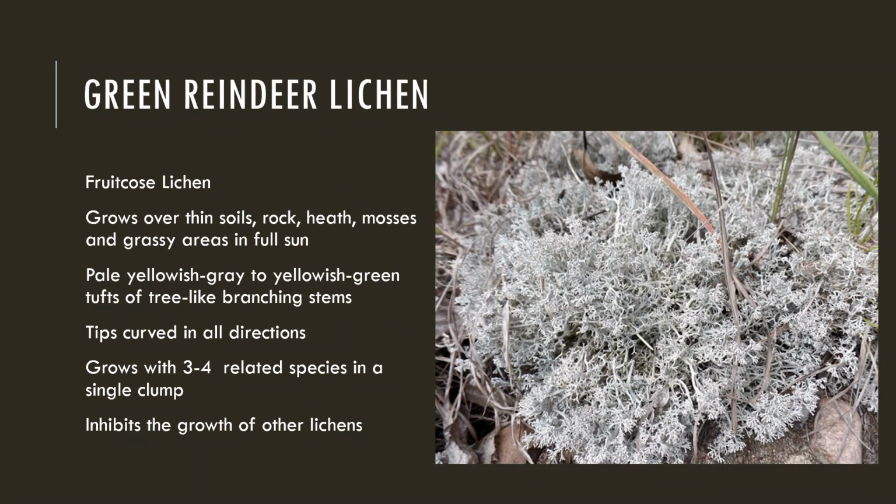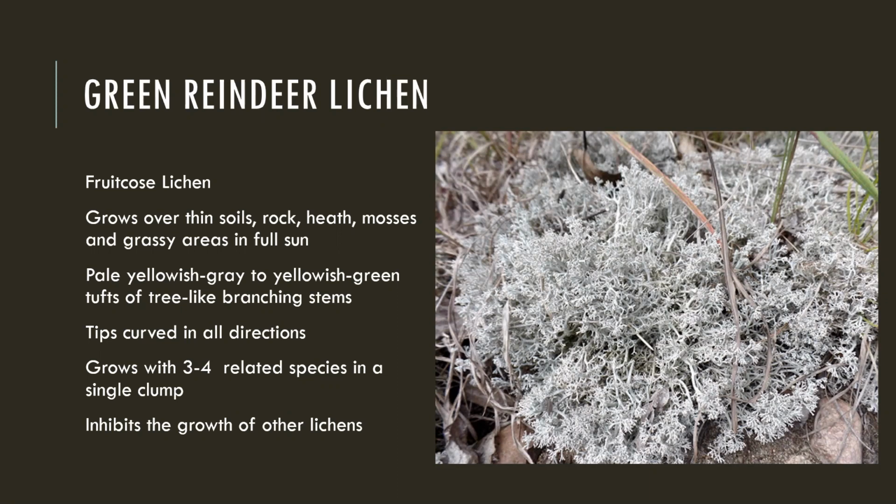And so to me, it looked like a very thin version of cauliflower as a kid. I don't know why, but I always thought of it as a super thin cauliflower. And the one thing that you can tell the difference between green reindeer lichen and other reindeer lichen is because it's green.